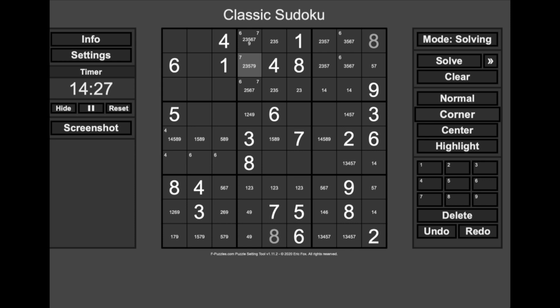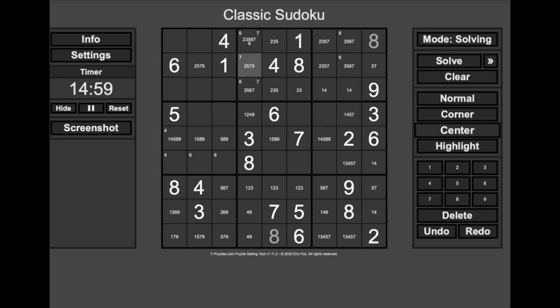Okay. This is 1, 4, 6, 8 here. So this cell, 2, 3. Two's not in, three's not in, 5's not in, 6 is, 7's not, and 9's not. Okay. The only one that's eliminated from this set is a 3.